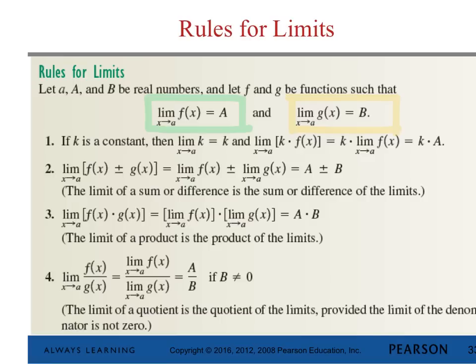If we're going to find the sum or the difference of those two functions and then find the limit as x approaches a, all we're going to do is add up or subtract the two limits. If they're a product, then we're going to take the product of those limits. And if they're a quotient, we're going to take the quotient of the limits as long as b, the limit of the denominator, is not equal to 0.